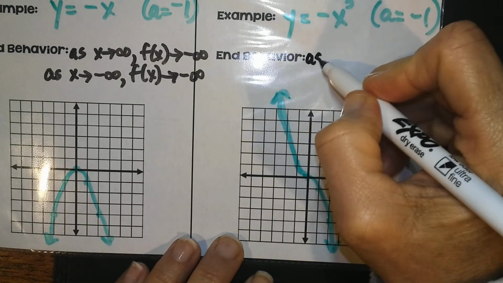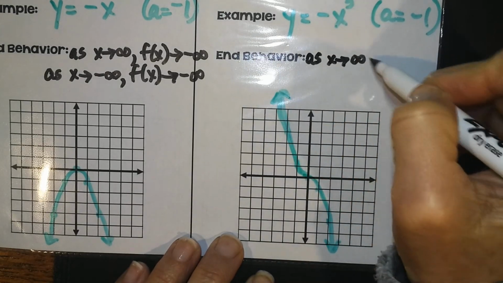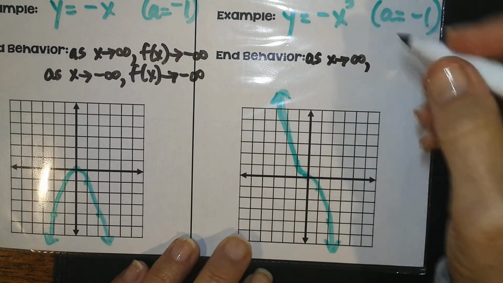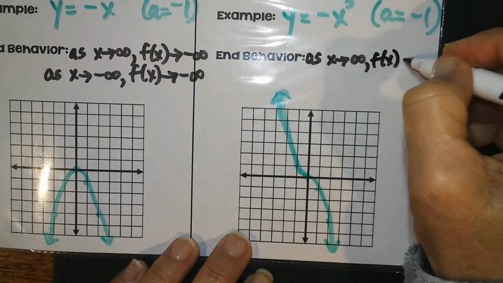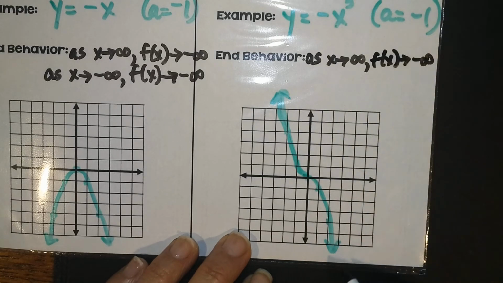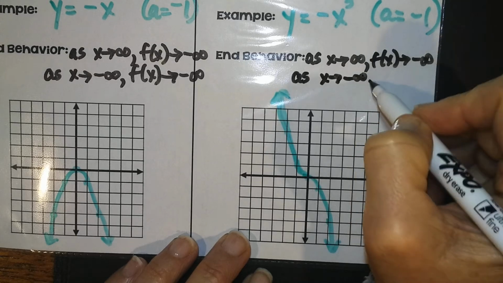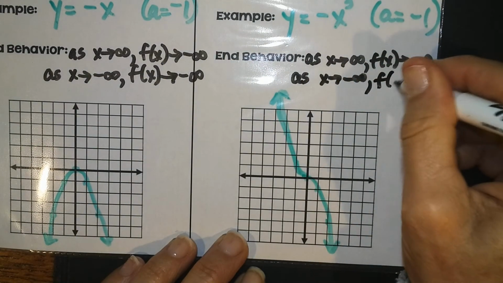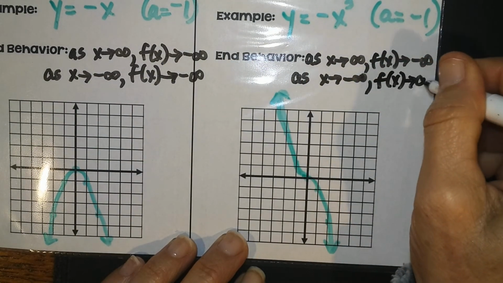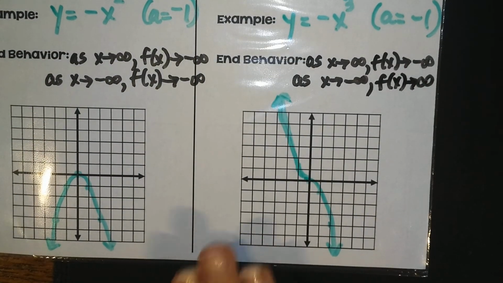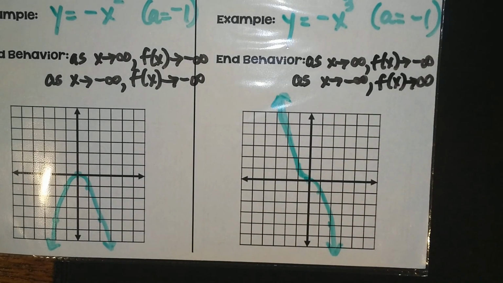Review: as x goes to the right, so on this side, y is going to negative infinity. And as x goes to the left, y is going to positive infinity because it's going up. We'll do a couple more examples when I get back, but that is the gist of end behavior.